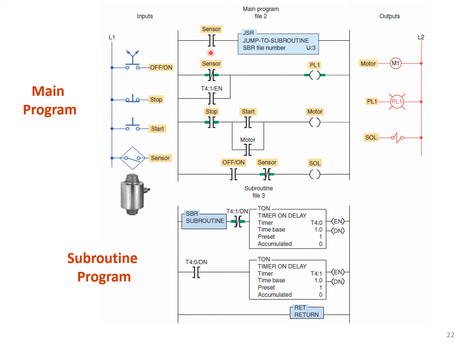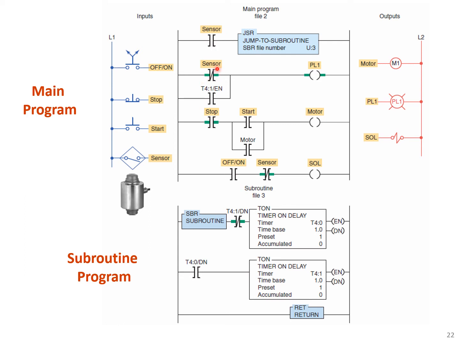Here, if the sensor is not activated, okay, the pilot light just stays on continuously, because the T41 enable is false. This is for this on timer, and the sensor is basically false.